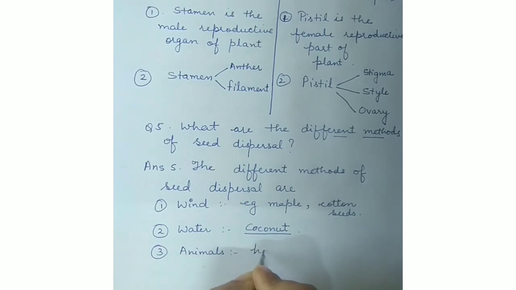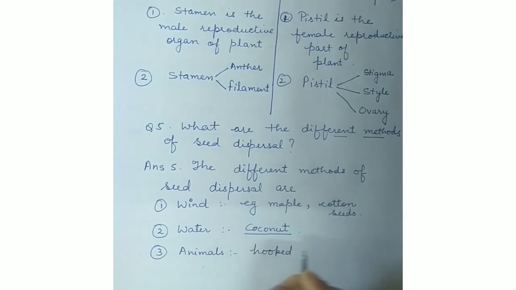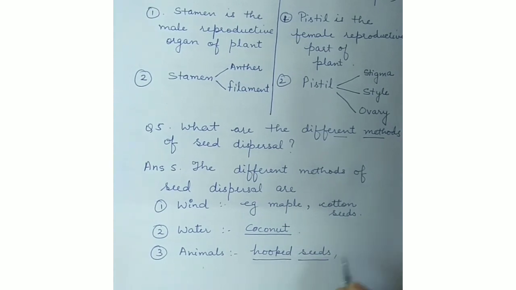Now hooked seeds attach to the body of animals, and we people also come under the category of animals. Okay, we are social animals. Hooked seeds like xanthium are dispersed by sticking on the body of these animals from one place to another.